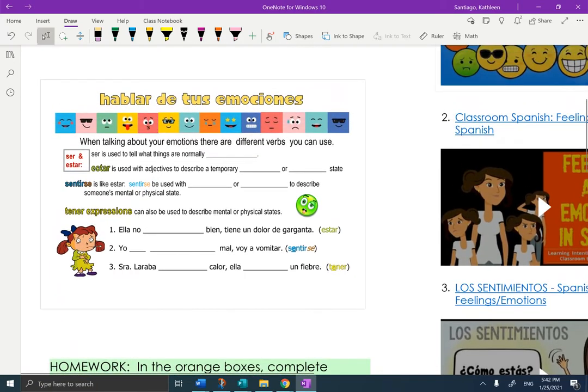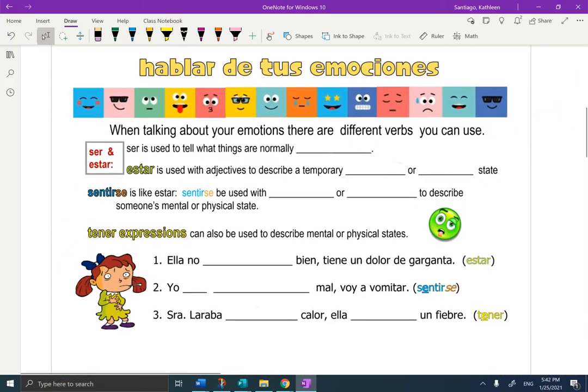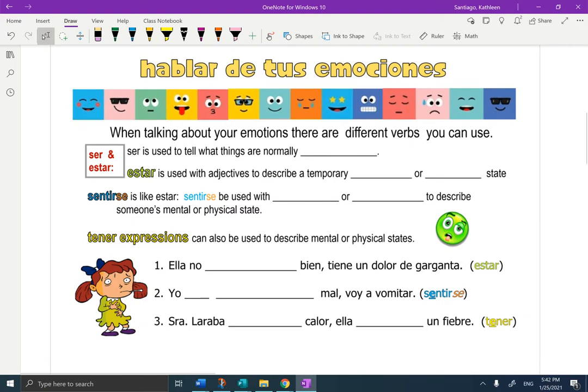Let's first talk about how to talk about your emotions. So, hablar de tus emociones. This is really the use of your emotions. When talking about your emotions, there are different verbs that you can use, ser versus estar.